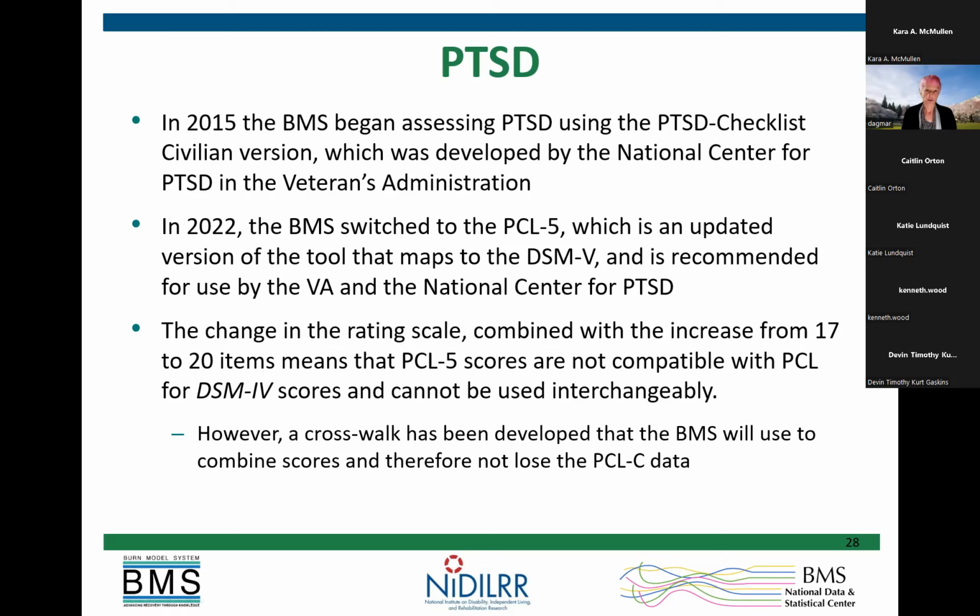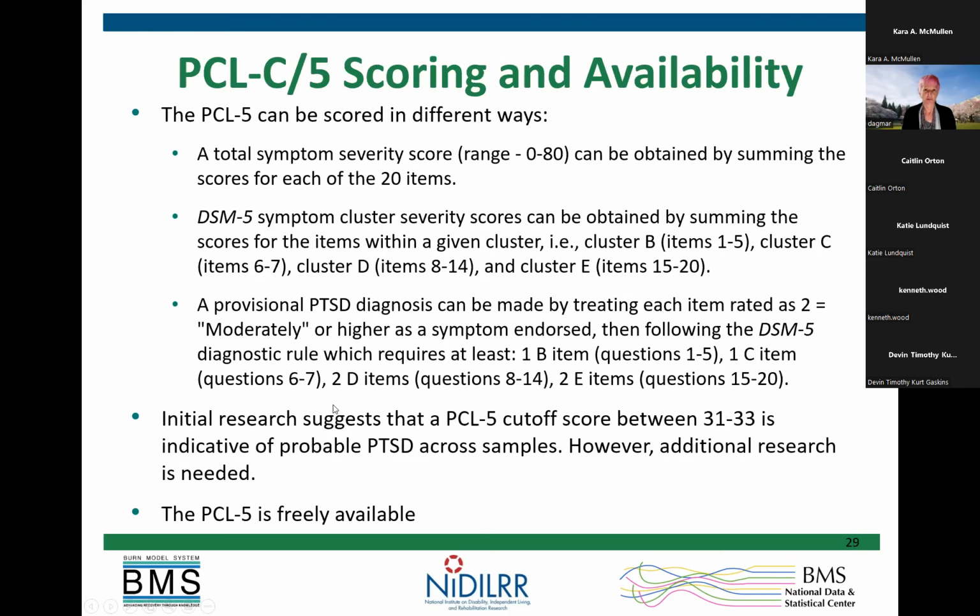We try to avoid changing measures as well as we can, but the world kind of evolves, and we want to also administer measures that are current and have the best evidence. So the PCL can be scored in different ways. You can look at the total symptom severity score.